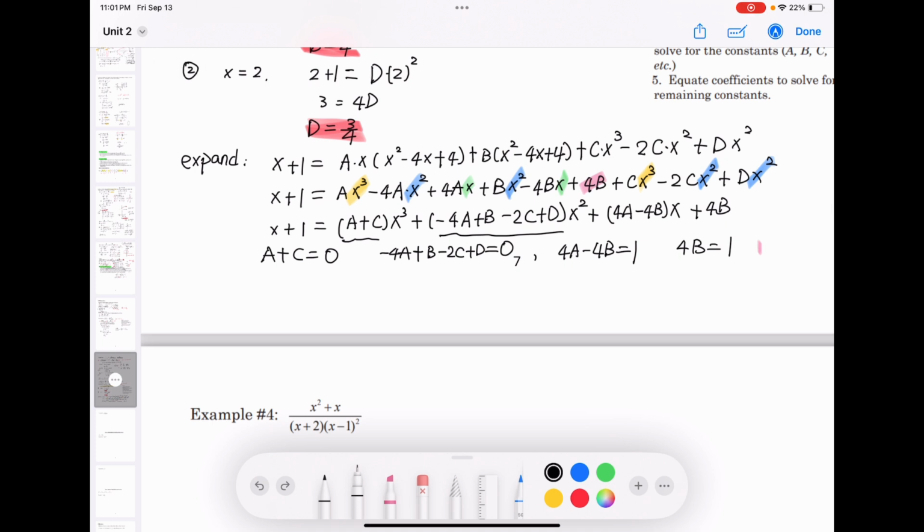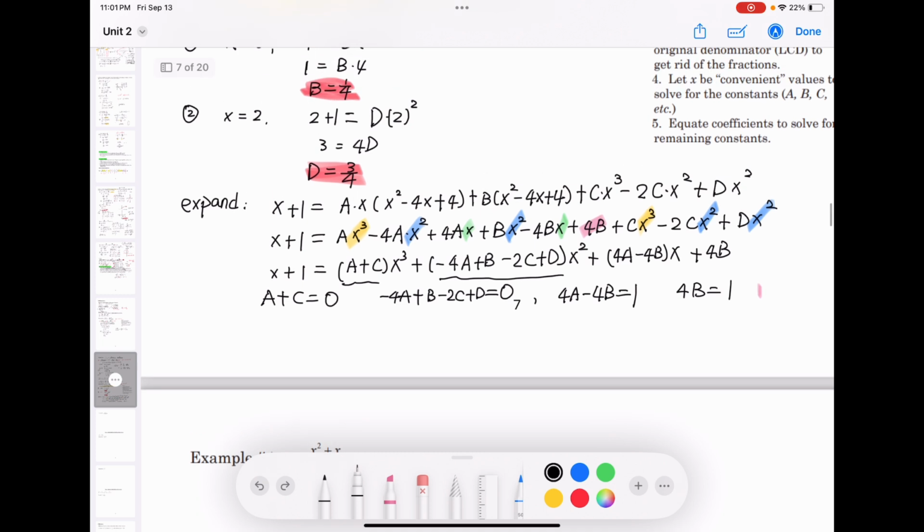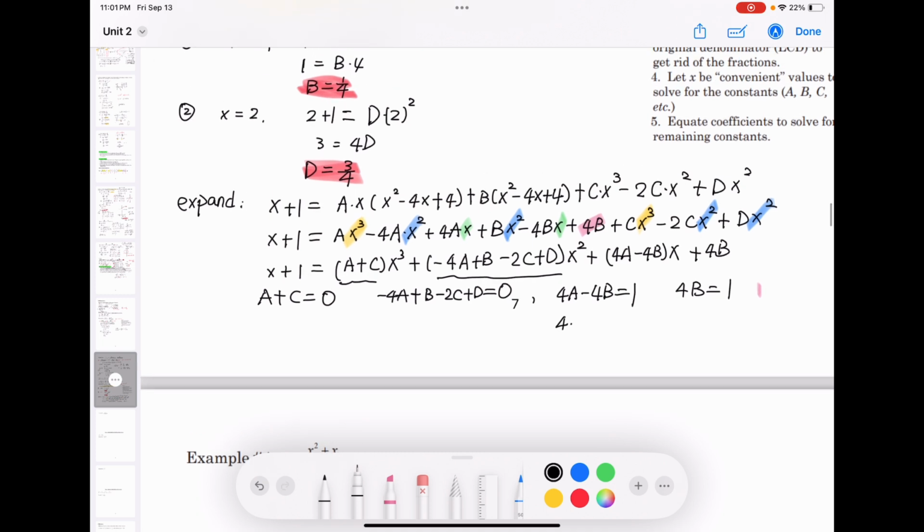We have b is equal to 1/4. 4 times a minus 4 times 1/4 is equal to 1. 4a is equal to 1 plus 1, 2. So a is equal to 1/2. Yes, we found the solution for a.